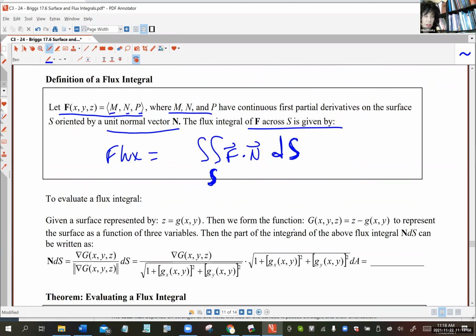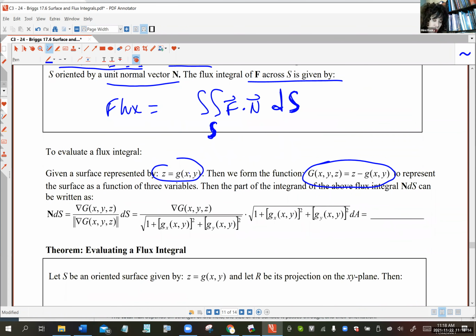So when you evaluate your flux integral, you're going to be given a surface. Then, just to step you through this, if you will, of hand waving to get to where we want to be, if we rewrote this surface in a more generalized representation where we got everything on one side and zero on the other, then del G, which would be the gradient, which would be orthogonal to the surface, we want the unitized version of that, which we call N. So you're going to get your del G, your gradient, divide by the magnitude, times your dS.